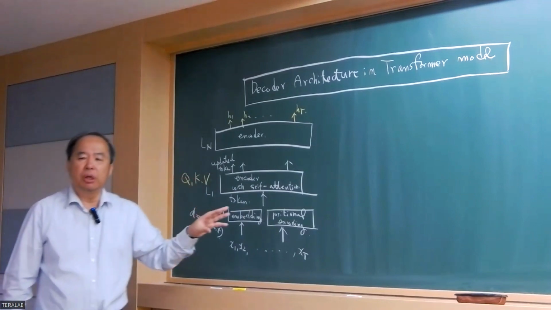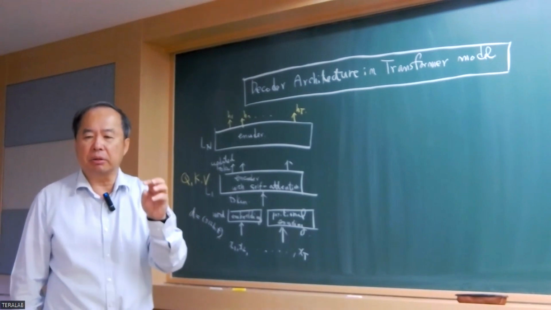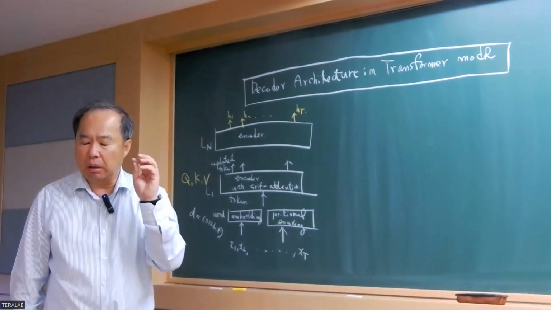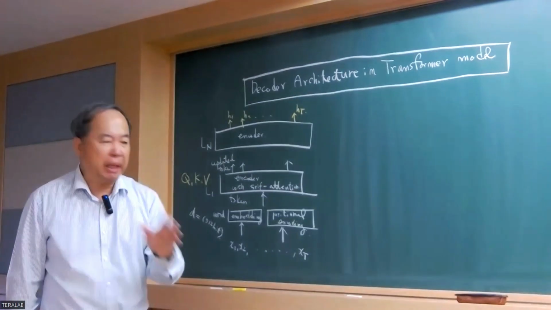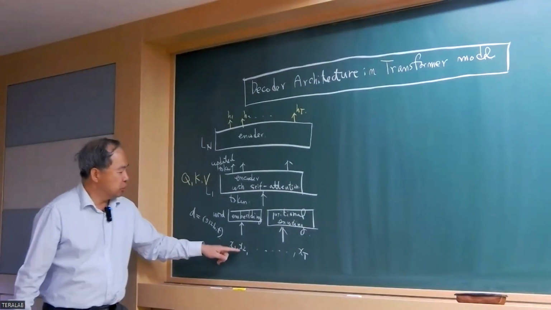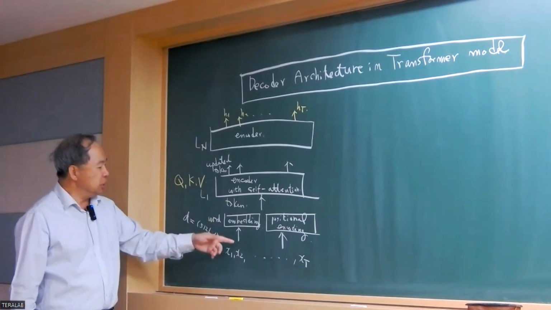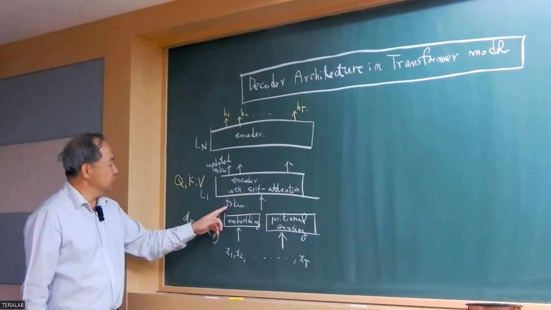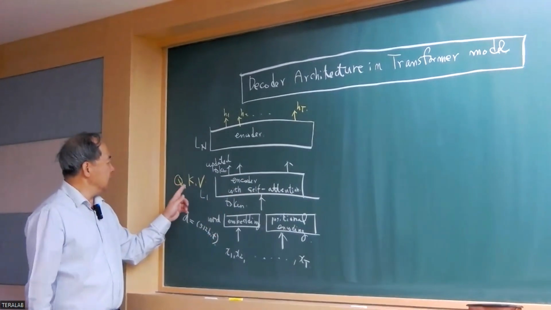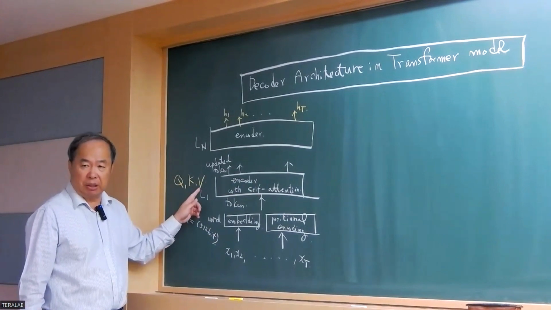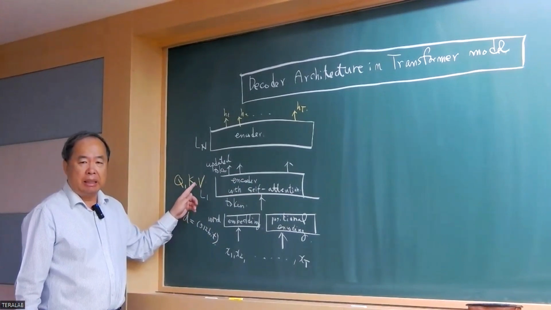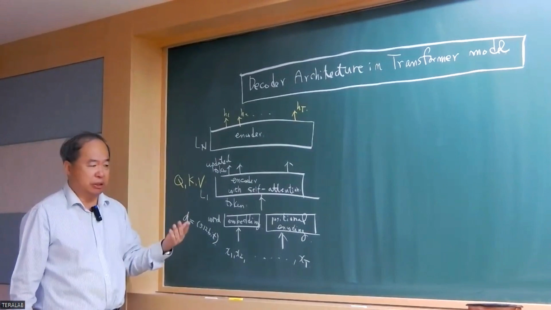This is a clue for future semiconductor and computer architectures. In parallel, X1, X2 to XT, during propagation through the encoder, each token has to calculate query, key, and value vectors, and they have to do it simultaneously.